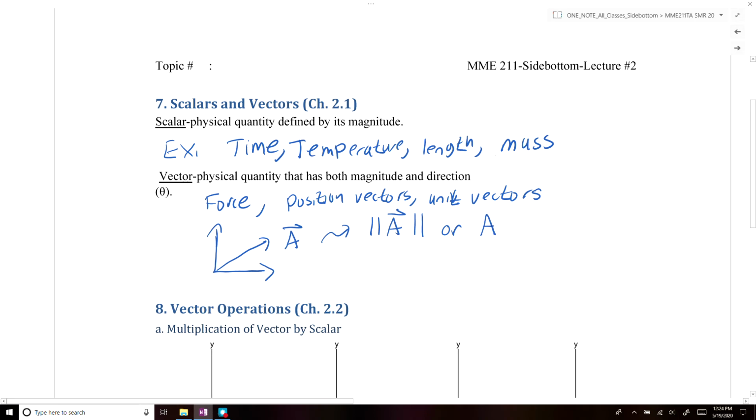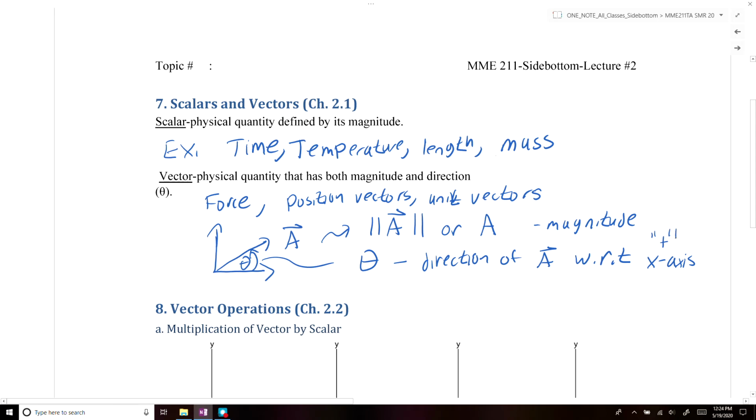So that's our magnitude. And the other important quantity of our vector A is the angle theta. Alright, so this is the direction of vector A with respect to the positive x-axis.